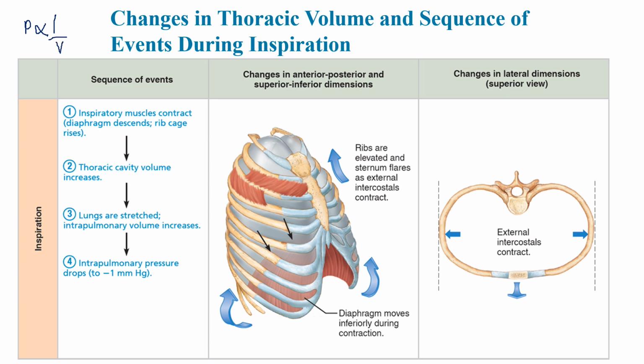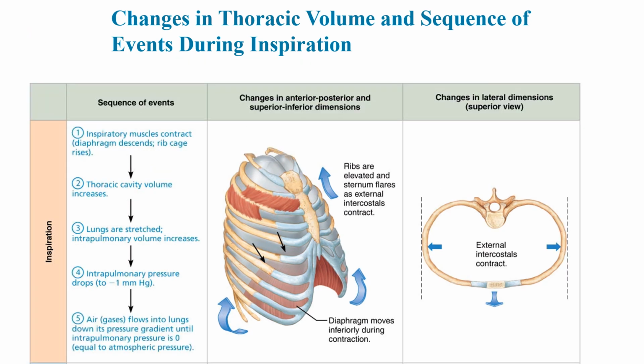And we know that the intrapulmonary pressure, which is written like this, P pulmonary, or it is also known as the intra-alveolar pressure, is equal to 0 when a person is not breathing. So from 0 it has decreased to -1. So -1 means that it is 1 less than the atmospheric pressure.